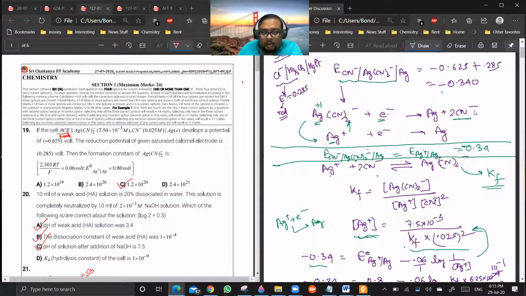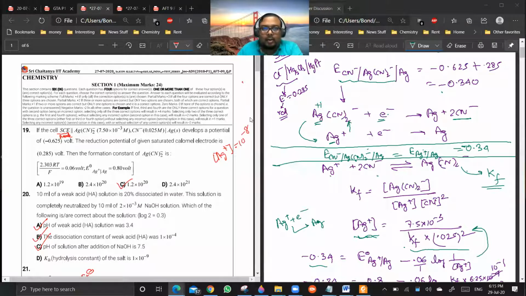Why did you give it like that, sir, CN minus? See, what happens sometimes is that suppose you want a very minute concentration of Ag plus, you cannot directly add it. Suppose you want an Ag plus concentration of 10 to the power minus 8.